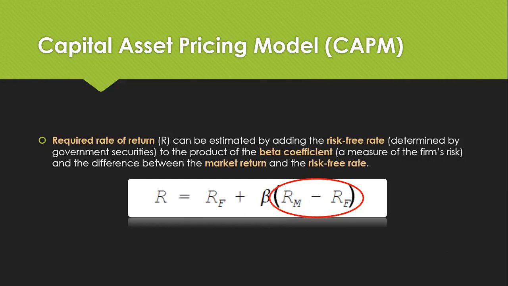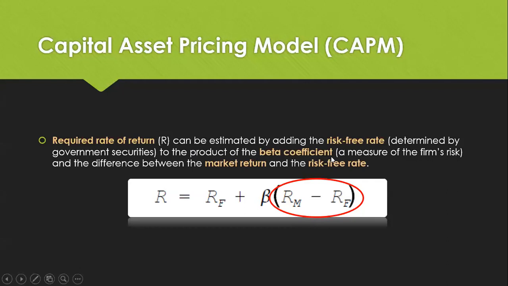So again, for the required rate of return, we add the risk-free rate. In our formula, the risk-free rate is R sub F. We add the risk-free rate to the product of, a product being the result of what mathematical computation? Multiplication. So we add it to the product of what?